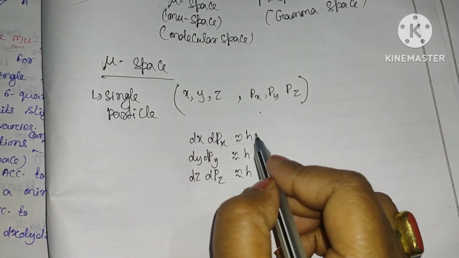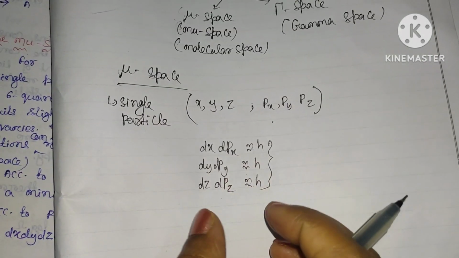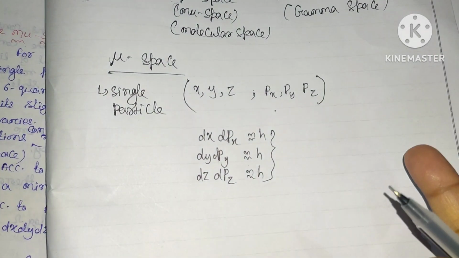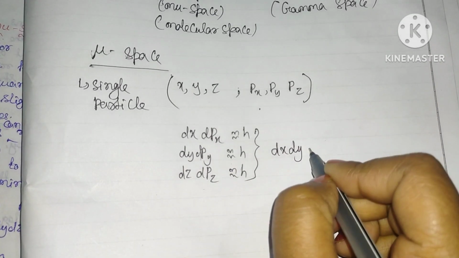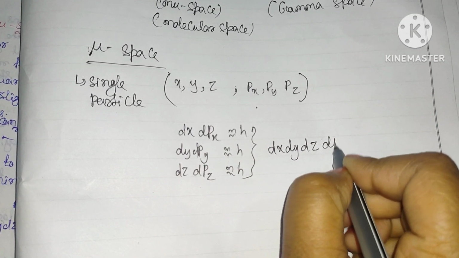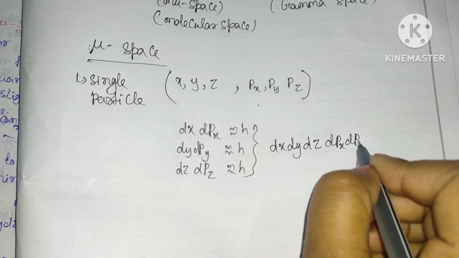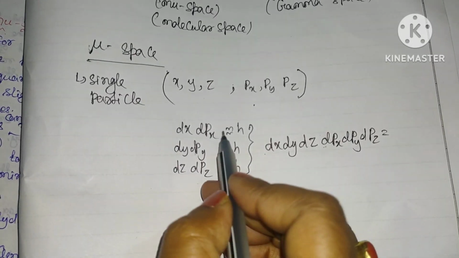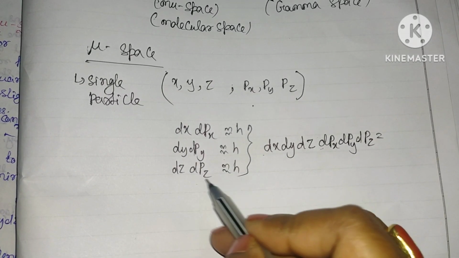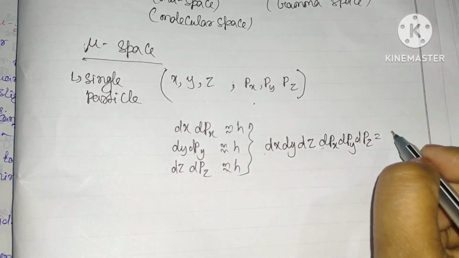Then for the 3-dimensional system, or this 6-dimensional phase space, we can write dx dy dz dpx dpy dpz equal to dx dpx times dy dpy times dz dpz, that is h times h times h, so this will be h cube.